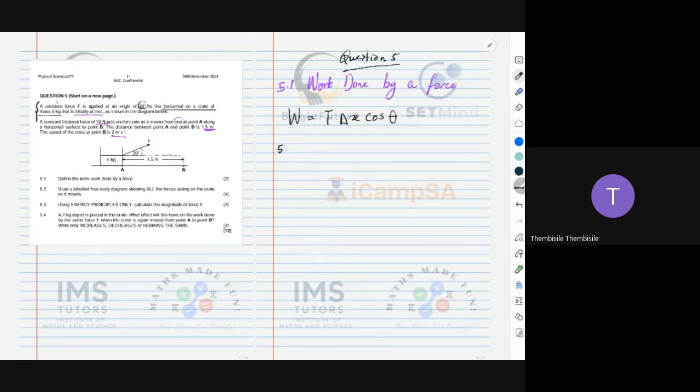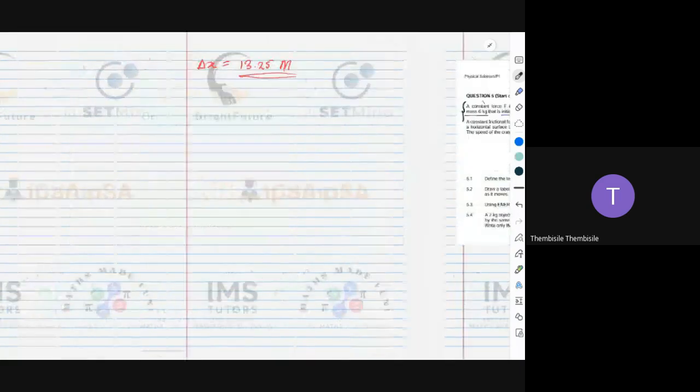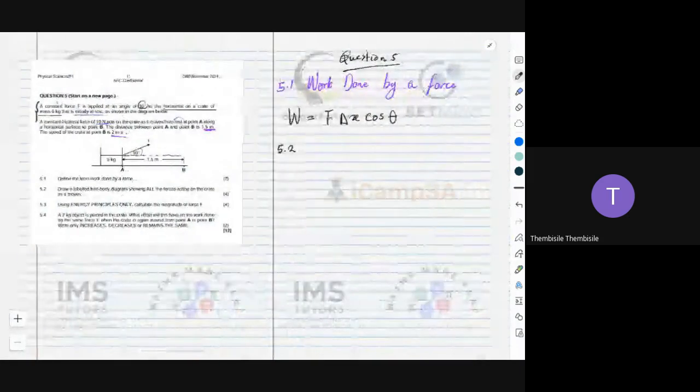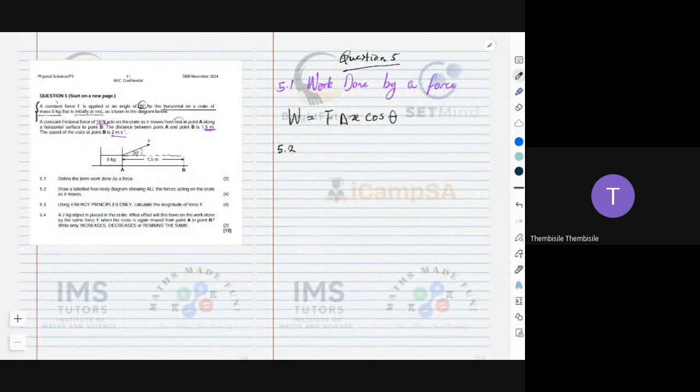So we've got 5.2. We want a labelled free body diagram showing all forces acting on the crate. So far this is 15 marks, this is 12 marks. These are free marks that you should be getting, right?